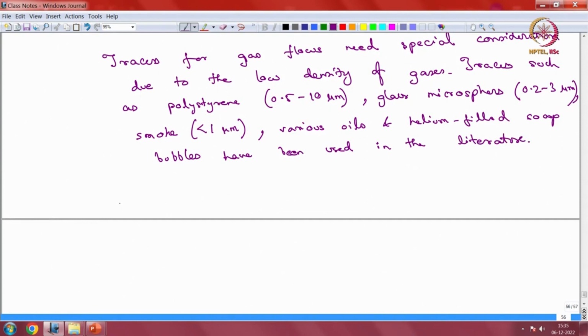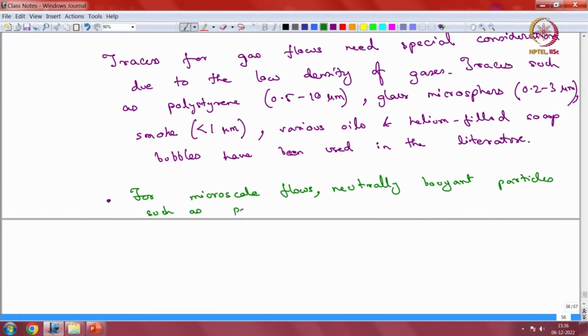Now for microscale flows, I'm just going to use a different color. For microscale flows, again the particle size has to be small enough compared to the channel size. Neutrally buoyant particles such as polystyrene particles.